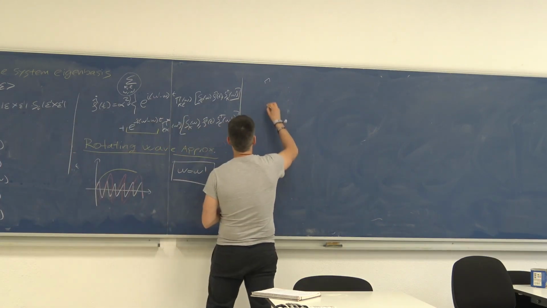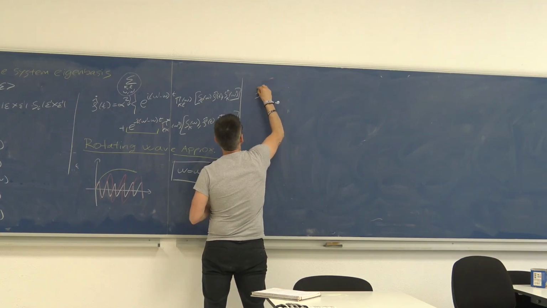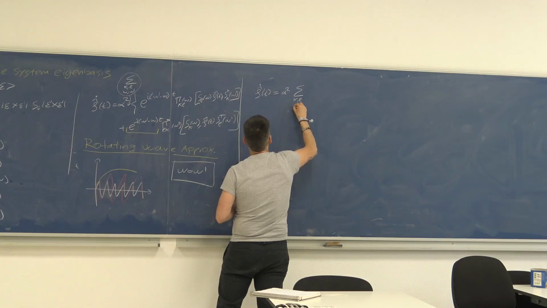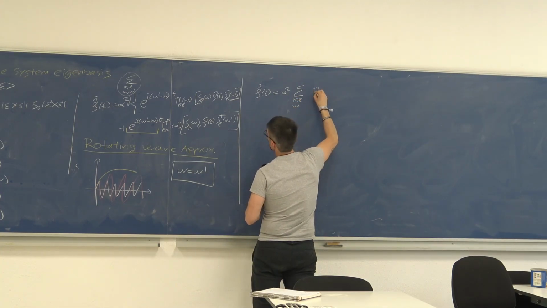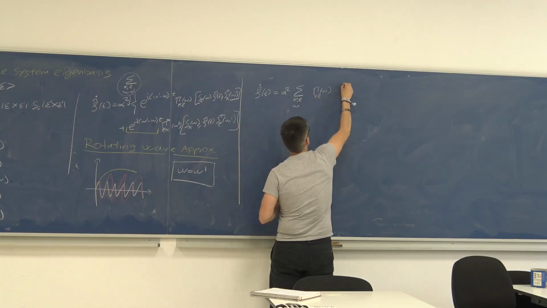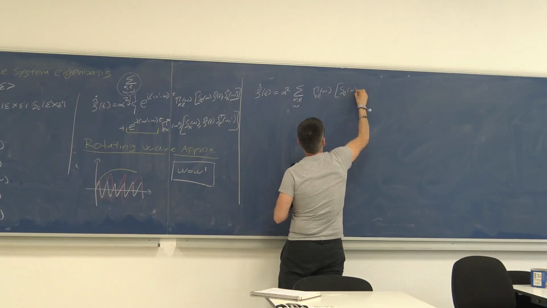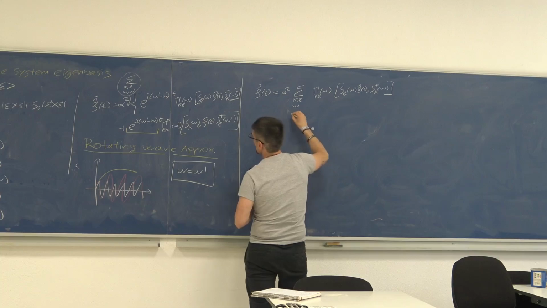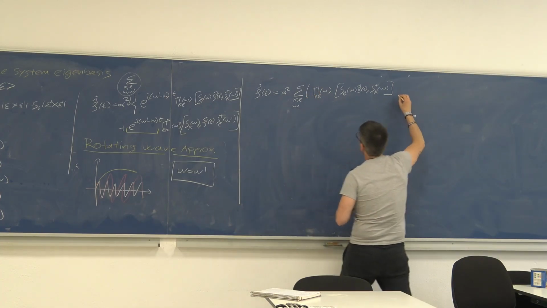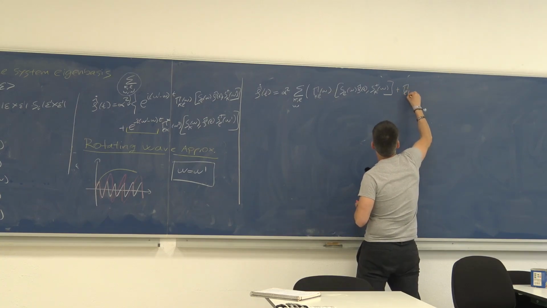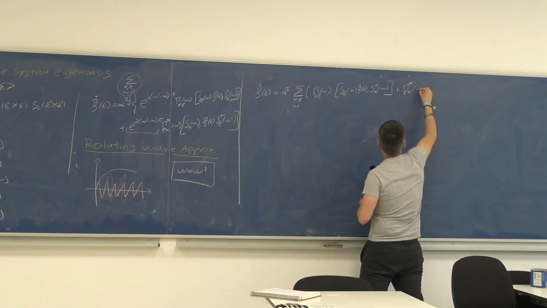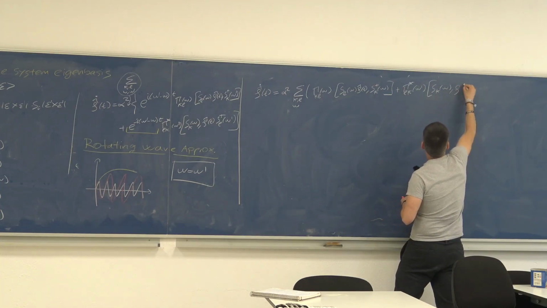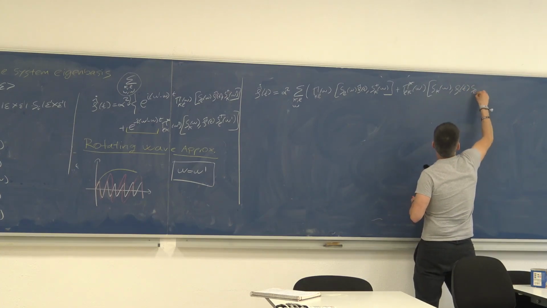So after the rotating wave approximation, we get something very similar: rho dot of t equals alpha squared, summation over k, l, and omega, of gamma kl of omega, s_l of omega rho of t s_k dagger of omega, let's write it in just one line, plus gamma lk star of omega prime, s_k of omega rho of t s_l dagger of omega prime.